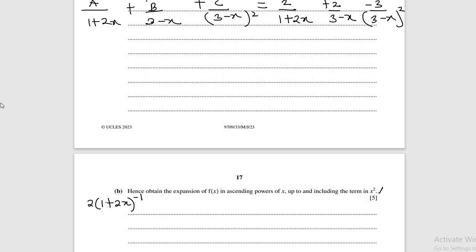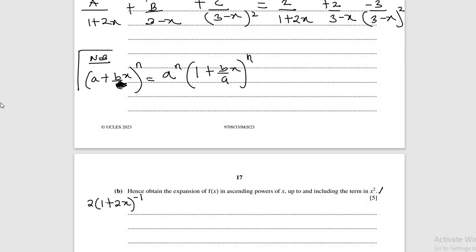And let me give you a key, NB. I can use this. If you have something like this, (a plus b over c x) raised to power n, it is equivalent to a raised to power n, bracket, 1 plus b over a x, raised to power n.